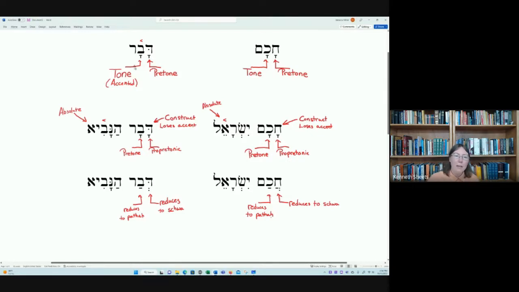Well, when we come on down here to this next phrase, I have davar hanavi. In this particular instance, because davar is now followed by another noun, it is in the construct, and it will therefore lose its accent.